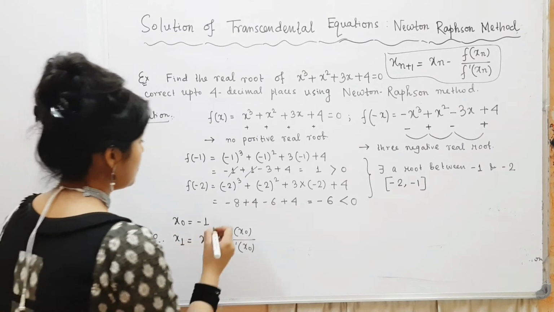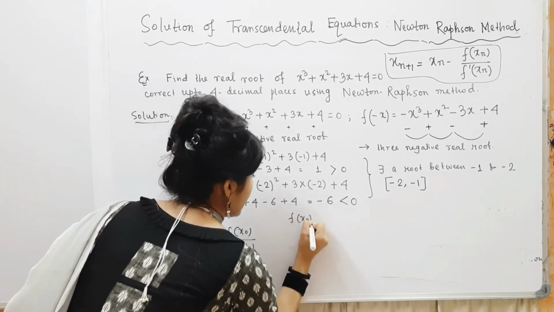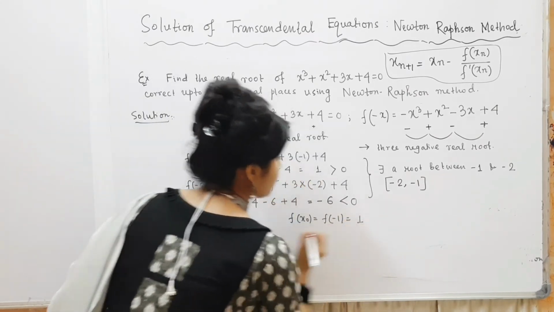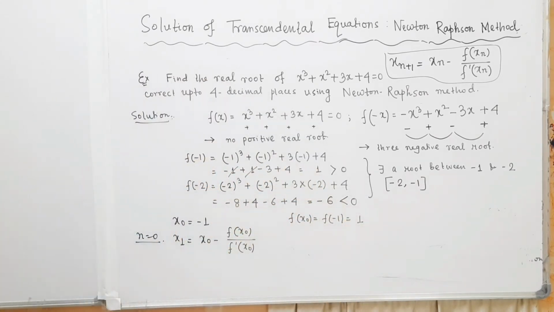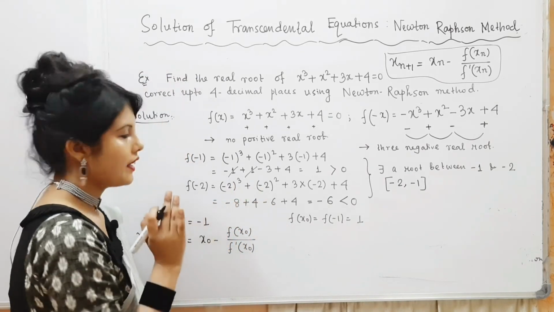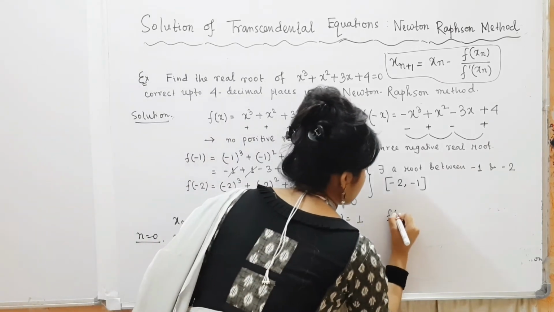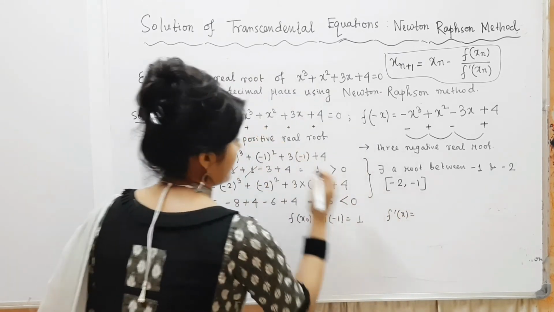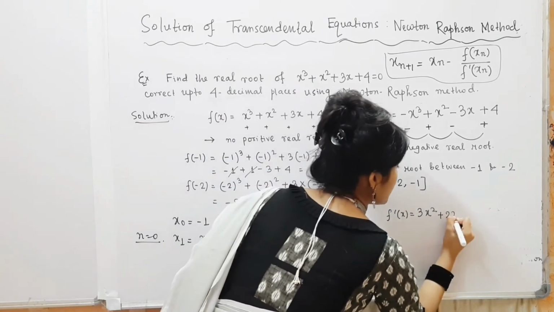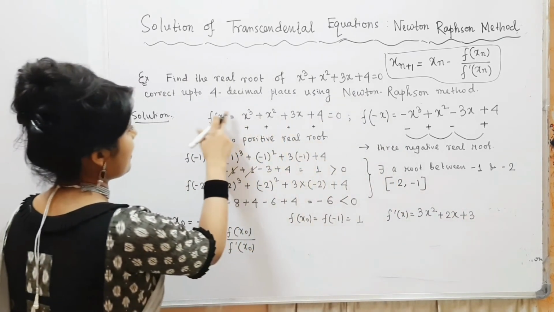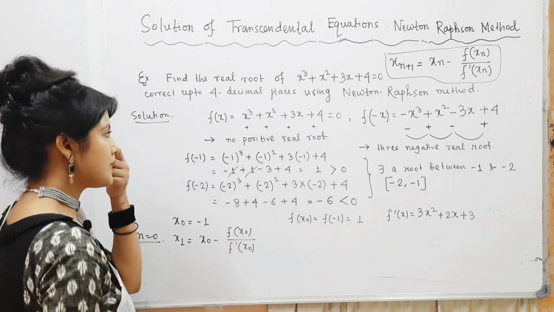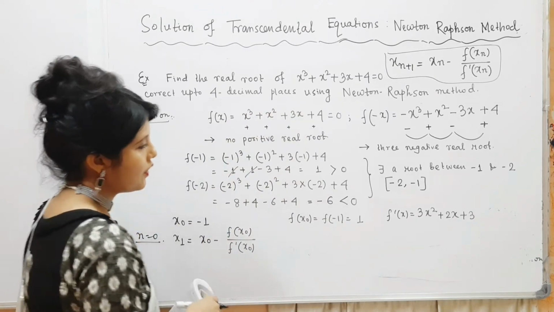What is f of x0? f of x0 means f of minus 1, and f of minus 1 is 1, as I calculated previously. Now for f dash x0, I have to calculate f dash x, the first derivative of this function, which is 3x square plus 2x plus 3.